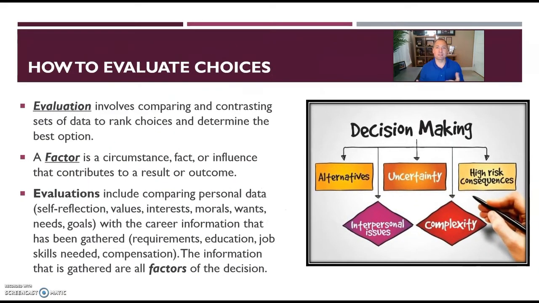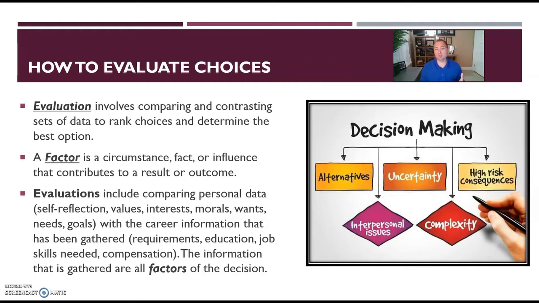Now, how do we evaluate these choices in our career? Well, an evaluation just involves comparing and contrasting sets of data to rank choices and determine the best option. There are a lot of factors that weigh into a person's decision. These are different circumstances, facts, or influences that contribute to the result or outcome of your choice.